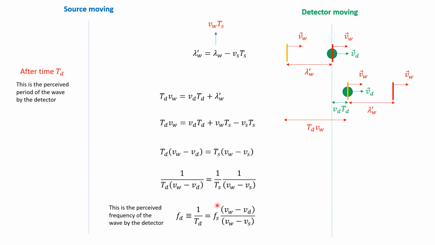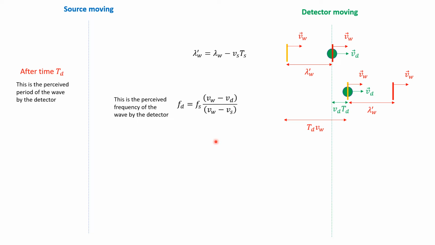And 1 over ts is fs. So we now get the relationship between the frequency of the source and the perceived frequency by the detector. It's modified by this factor here, and the factor involves both the detector velocity and the source velocity.